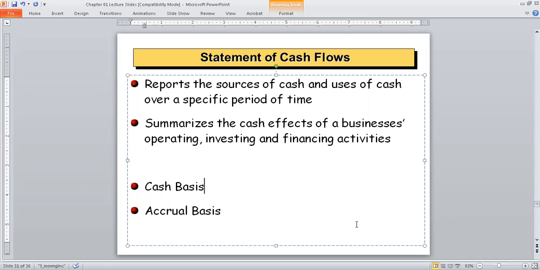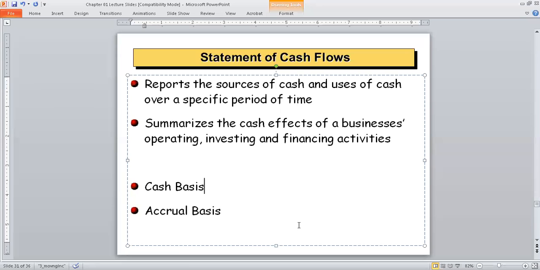So under the cash basis of accounting, if you haven't received any cash yet, you don't have any revenues. Under the cash basis of accounting, if you haven't paid any cash, you don't have any expenses. It's a relatively simple way to look at the world. You and I, we live our lives on the cash basis. And we think about cash, and it makes sense. Cash is king. Cash is very important to daily life.